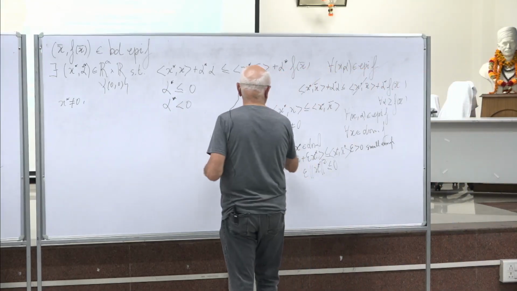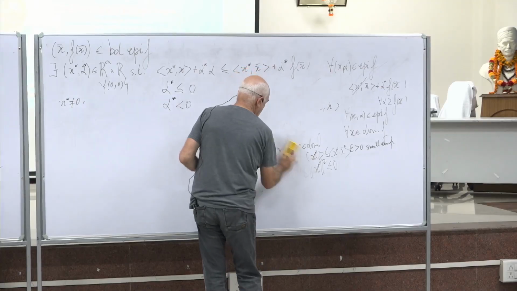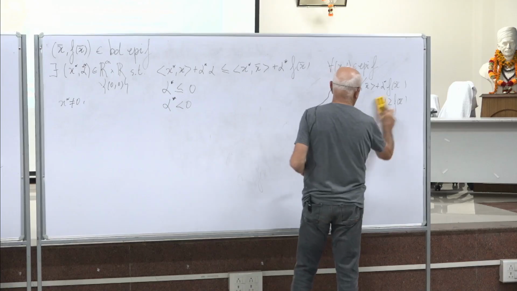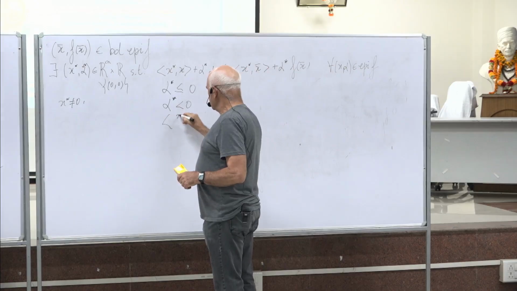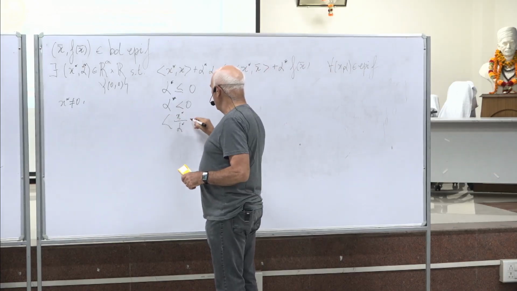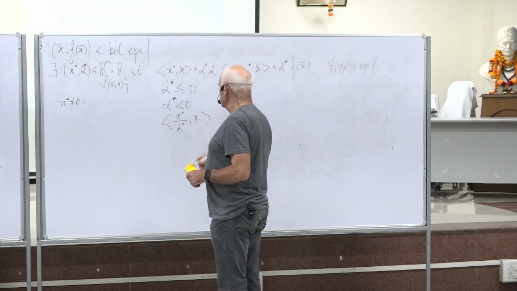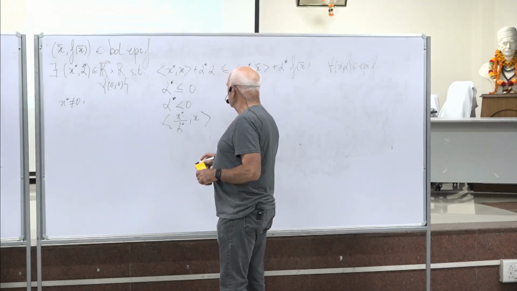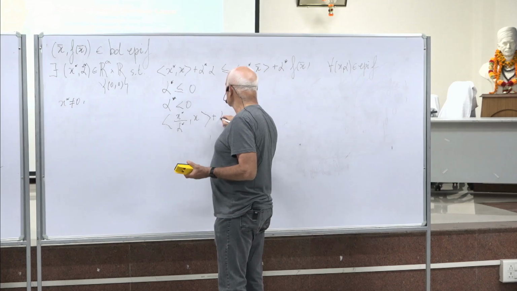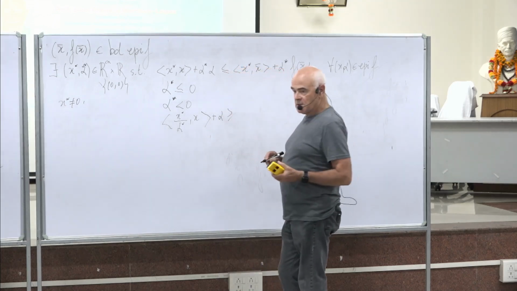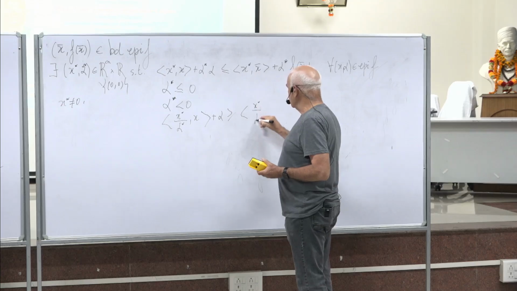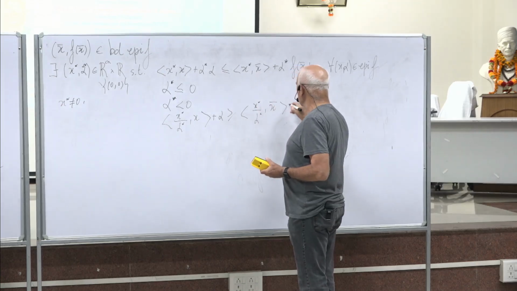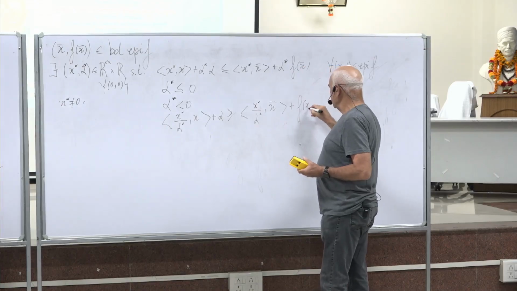So I get x star divided by alpha star, x plus alpha greater than or equal to, because alpha star was negative, x star divided by alpha star, x bar plus f of x bar.